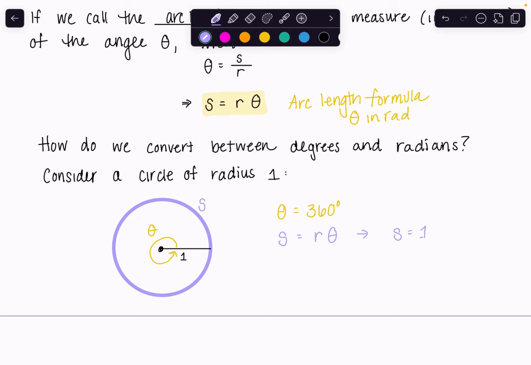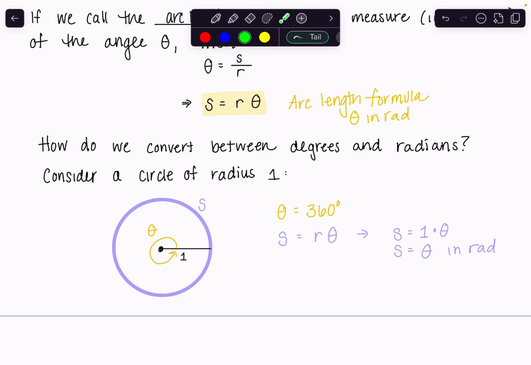So in this case, my arc length is exactly theta. So specifically, my arc length in this case is the entire theta value, which is 360 degrees, but this is in radians, okay?